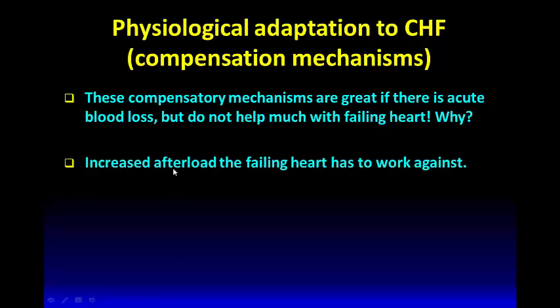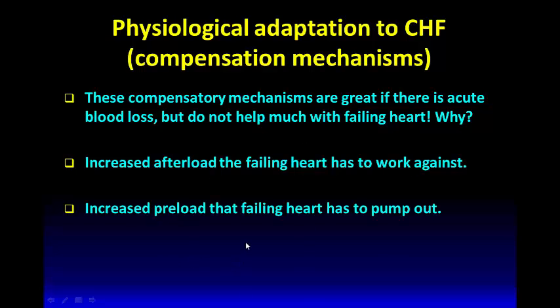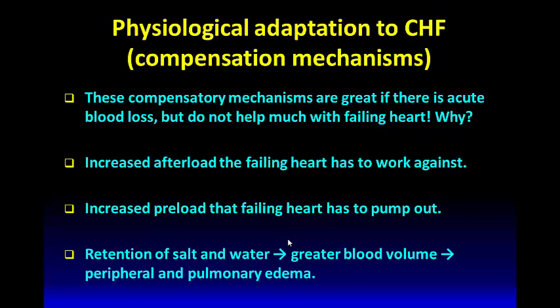Because of the increased afterload the failing ventricle has to work against, and because of the increased preload that the failing ventricle has to pump out, and because of the retention of salt and water. The retention of the salt and water increases blood volume, as we mentioned, and this might precipitate peripheral and pulmonary edema.